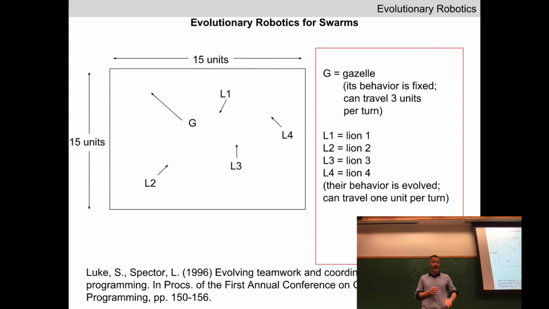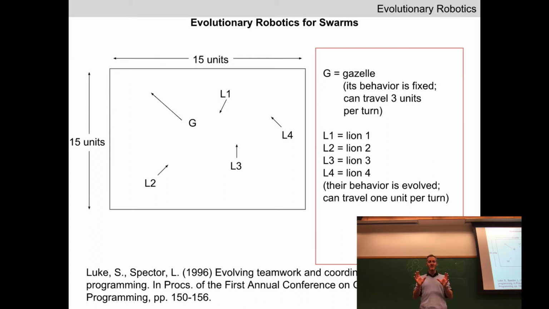Okay, so here's our virtual Serengeti plain. It's a two-dimensional plane. It's going to be very simple. No physics engine here. We're just going to place one gazelle G in this two-dimensional plane and 4 Ls. We're going to have 4 lions, and the 4 lions are going to chase the gazelle. The gazelle is going to move 3 times faster than the lion, so we're going to make things really hard on the predators here.